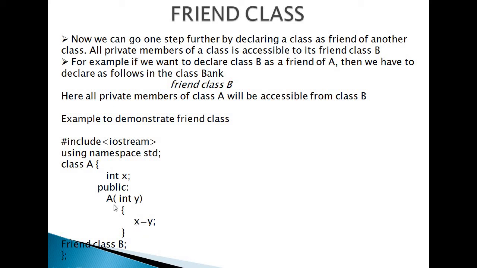So integer y is assigned to x. Then we declare friend class B. This means B is a friend of A. Friend is a keyword, so it is actually small letter friend class B.